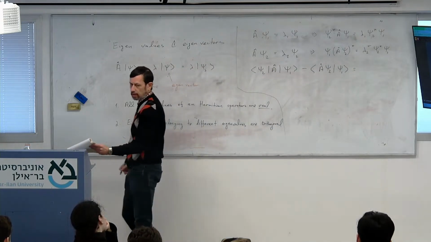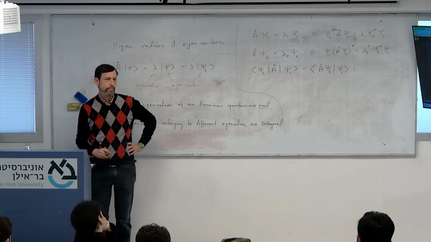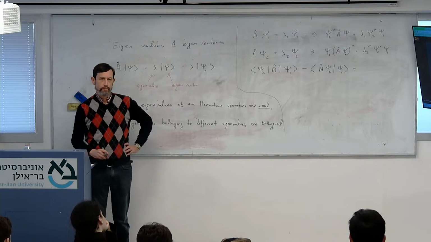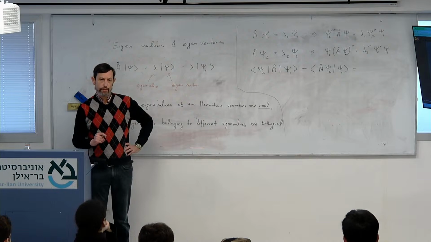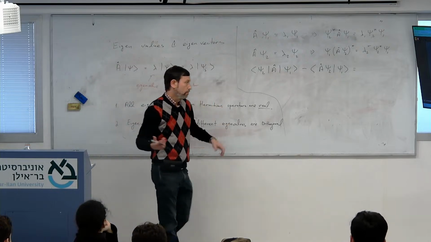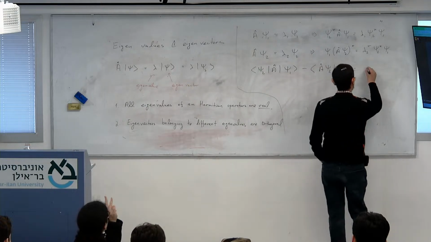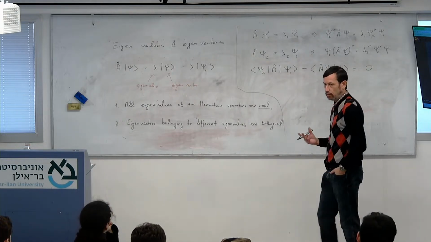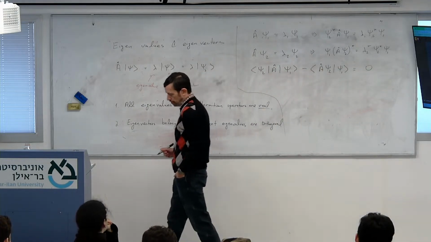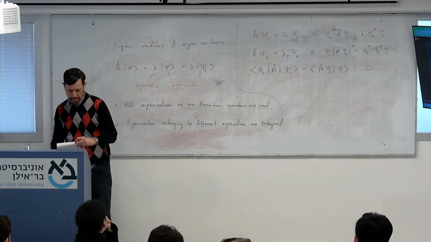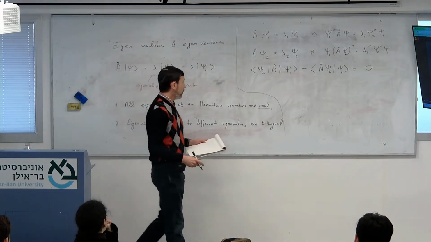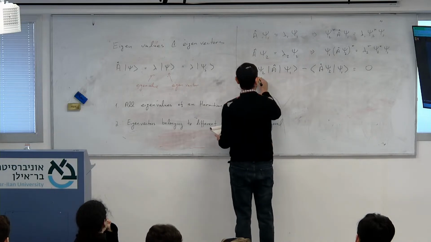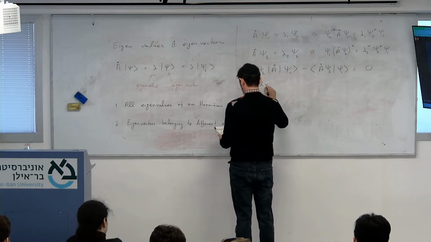To what is this equal? Remember, A is Hermitian. Zero. But just by the definition that A is Hermitian. Let me write down explicitly what's written here.